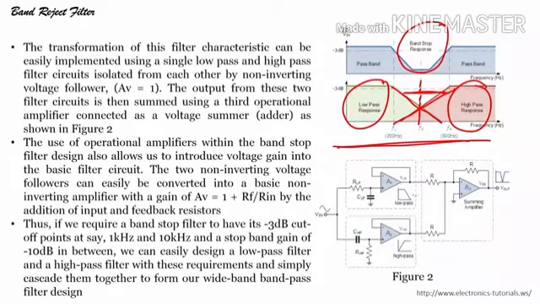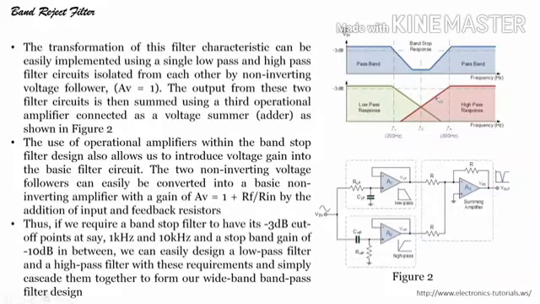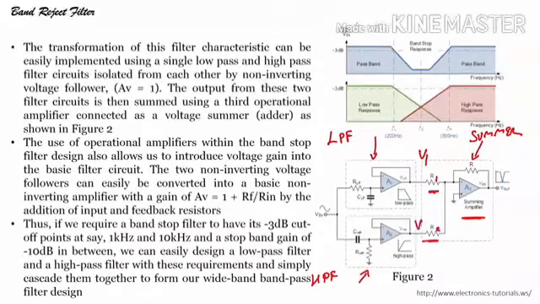I have a low pass active filter, I have a high pass active filter, and I have a summing amplifier. We have seen the op amp as a summing amplifier. You see the output voltage fed here, so it is like V1, R1, V2, R2.